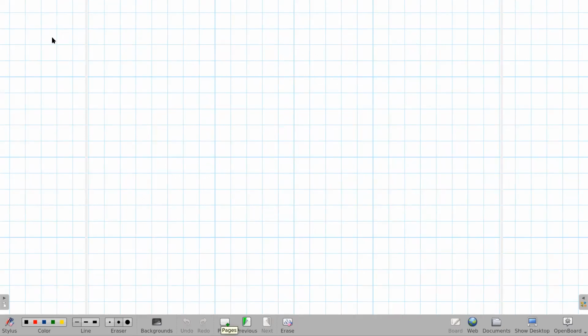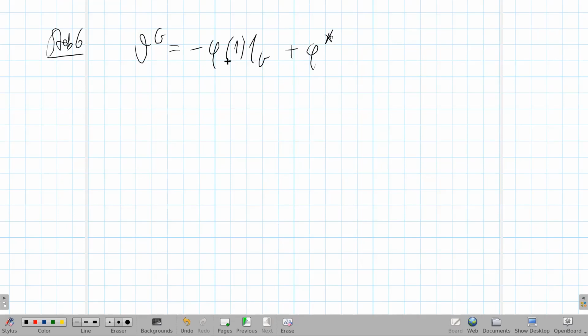Step 6. Okay, so let's recall what I just wrote, that theta^G is, let me repeat this, minus phi(1) times 1_G plus phi star. So this is not a character, there's a minus in front, it's a difference of characters.